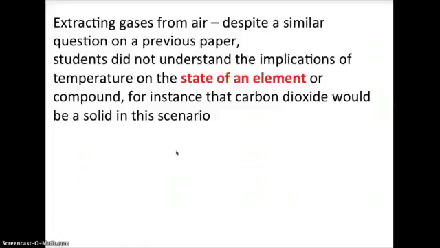Oh, the fractional distillation of air, it's one that we've looked at, and remember there's another video about this if you want to watch it. It's really important that you take into account the state of the element. If it's solid, then that's going to have implications for the question. Number lines are my biggest hint for this.